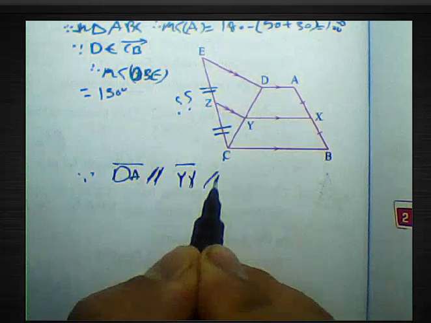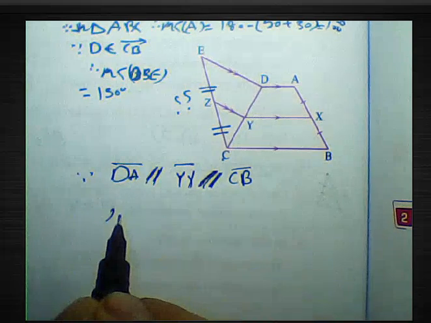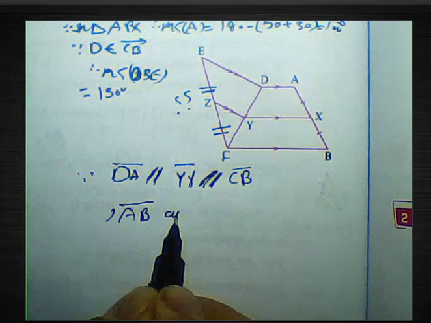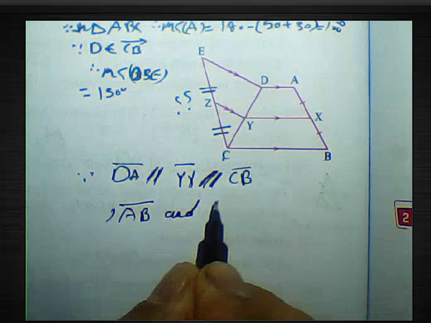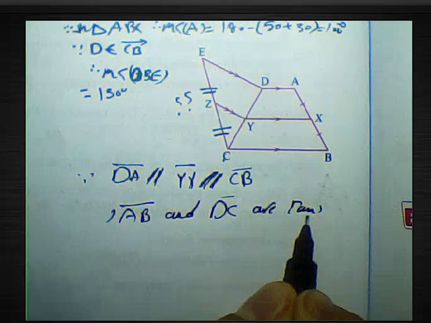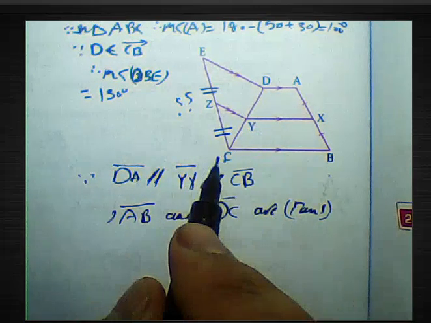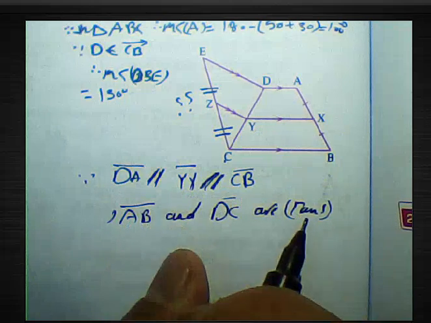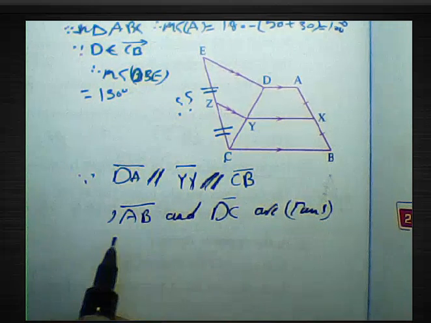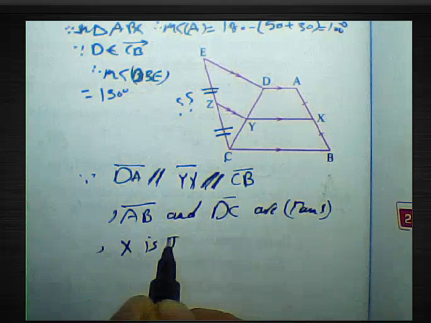Such that DA is parallel to YX parallel to CE, and AB and DC are transversals of all these parallel line segments.